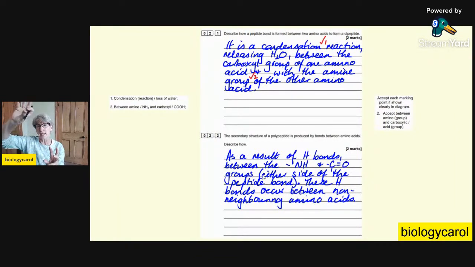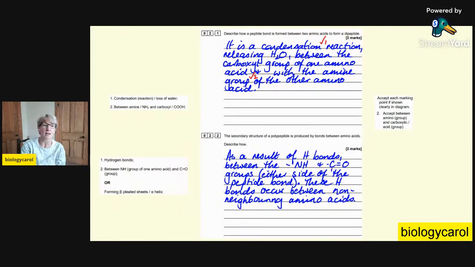If you imagine it, you've got the NH group coming up, you've got the CO group below, and what happens is that as that alpha helix is produced, or beta pleated sheet, the H of one of the NH group forms a hydrogen bond with the CO of a non-neighboring amino acid. And that is what stabilizes the secondary structure. So I got the mark for hydrogen bonds, and I got the mark for saying where it occurred.